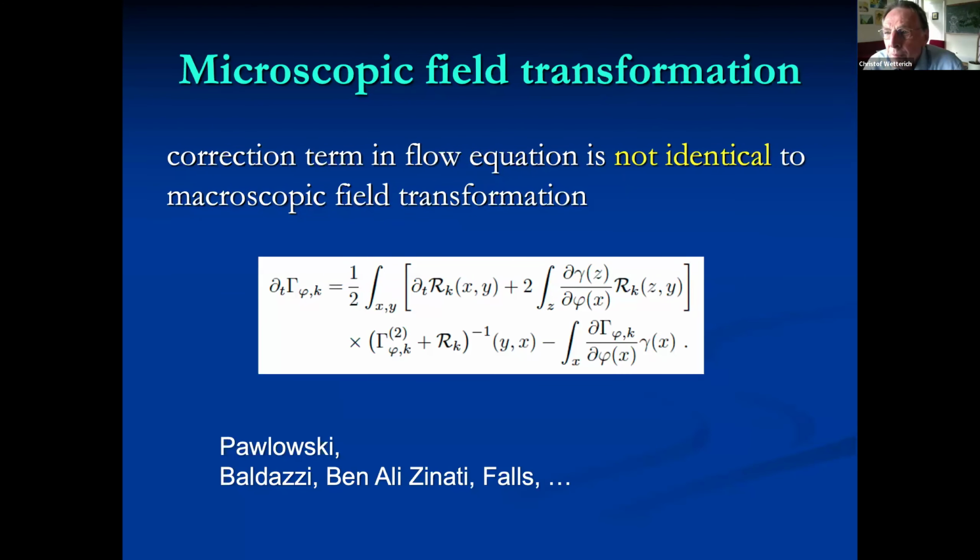Now let's go to the microscopic field transformations, those that Jan derived first and that have later been used for proposing the essential RG. First of all, I give you the correction terms for this microscopic field transformation in a form where you know it.